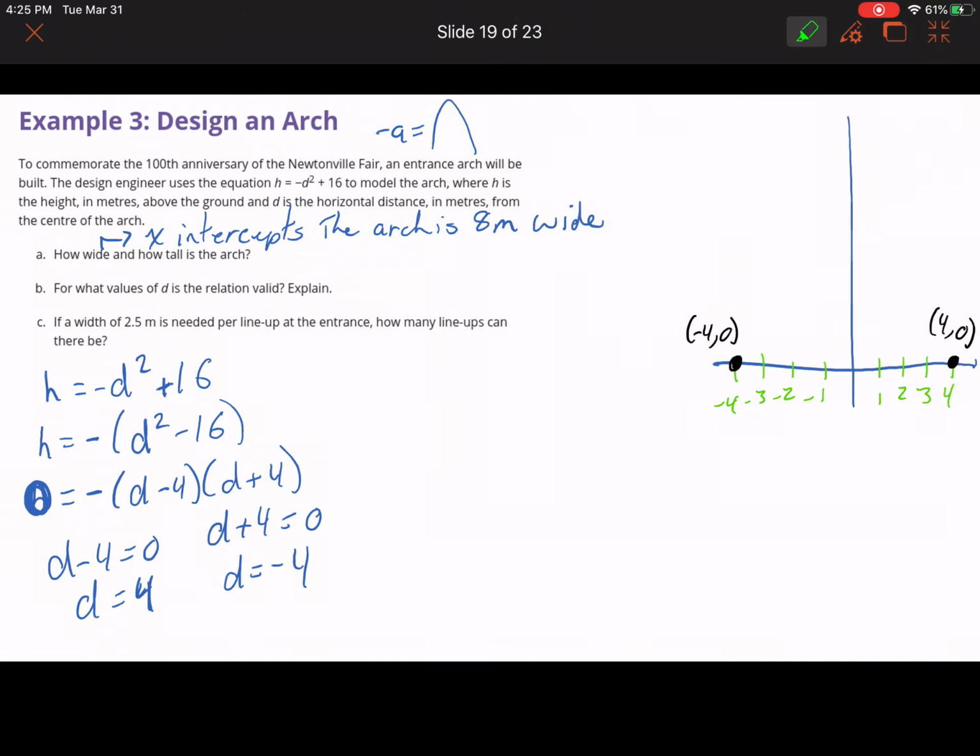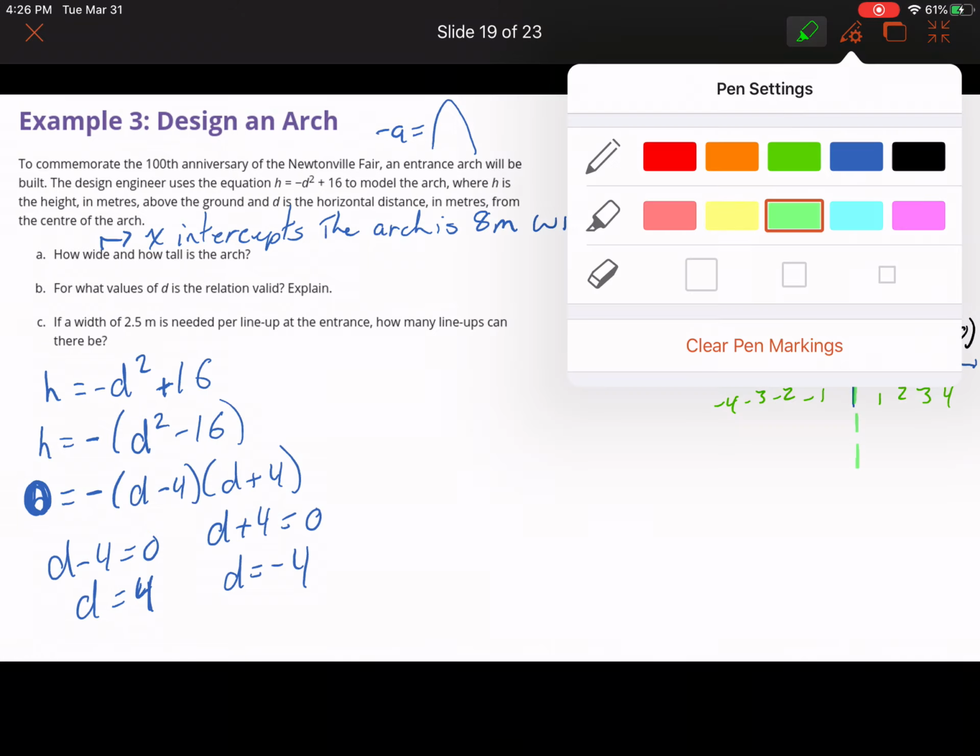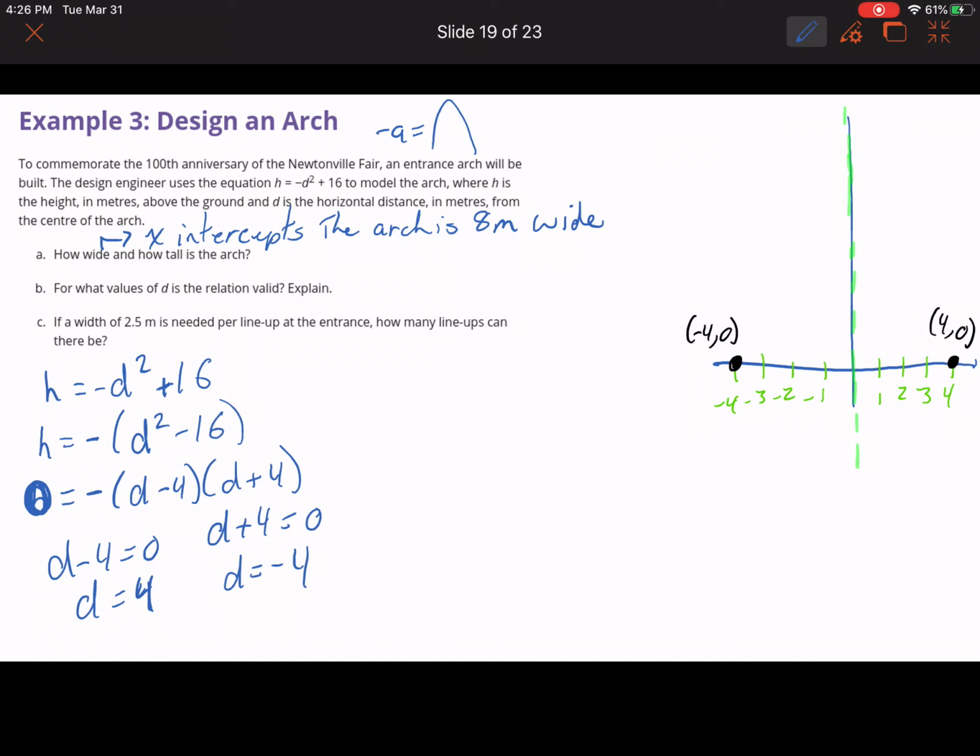So we know our axis of symmetry is going to be x equals 0. So our axis of symmetry, x equals 0. We know that's our center line. So we know that x equals 0, our d equals 0, sorry, in this case, because d is our x.